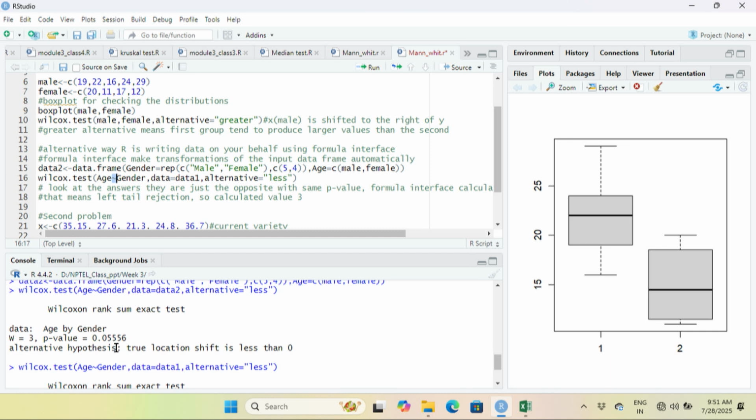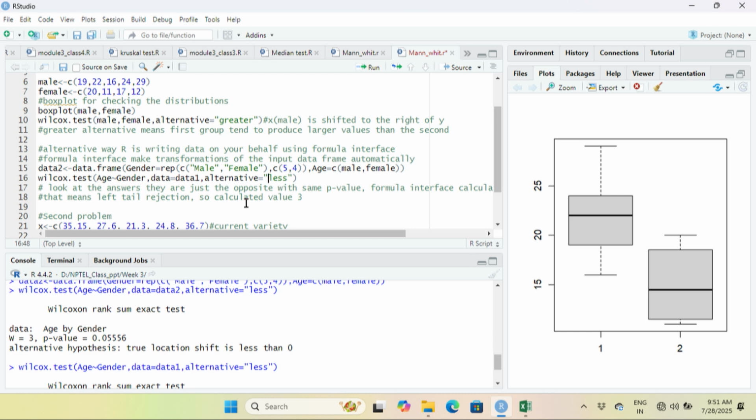with the p-value 0.005. Now one question might arise: there we wrote the alternative as greater and here we have chosen the alternative as less. Then is there a difference between the two? No, that is not the difference. When you are using the formula interface, the R syntax actually computes the U statistic.